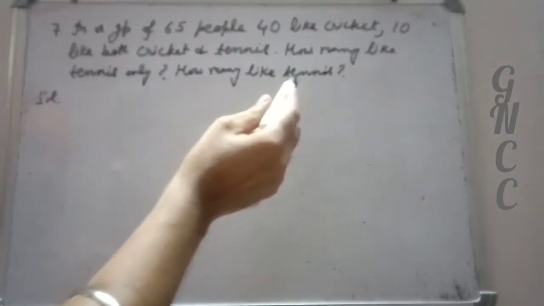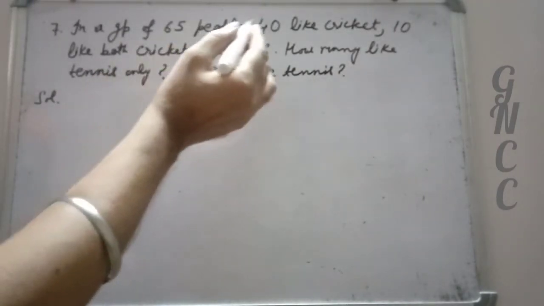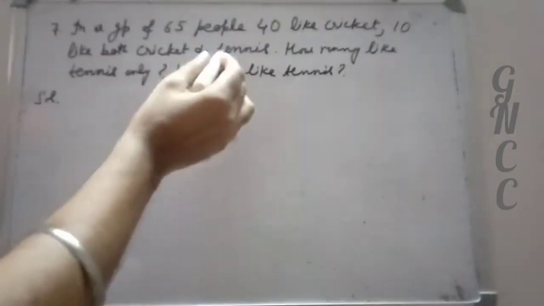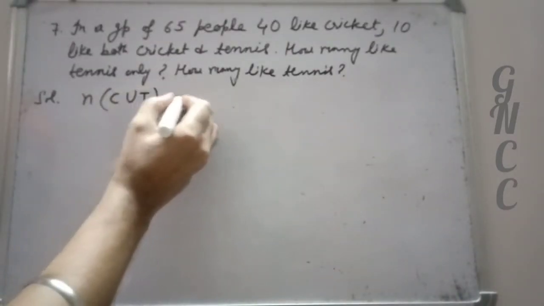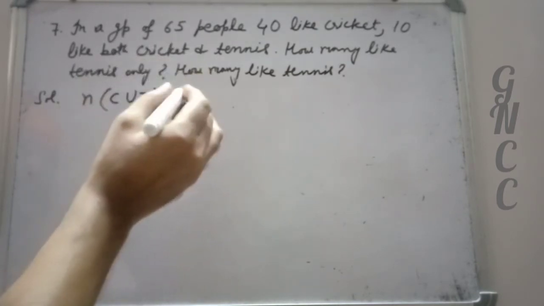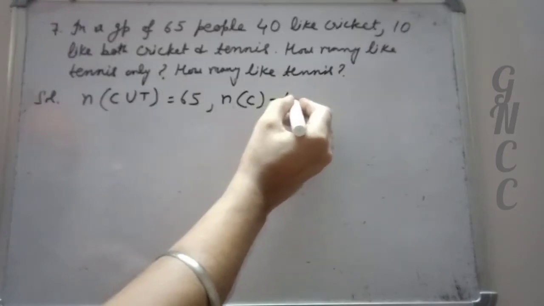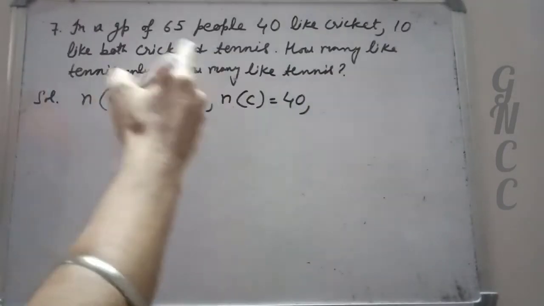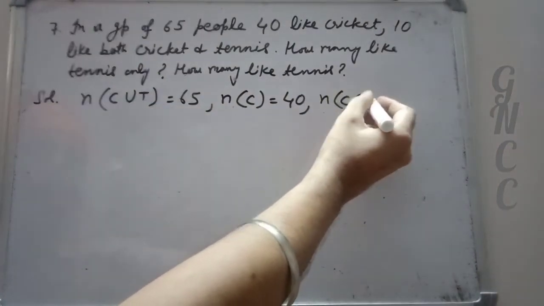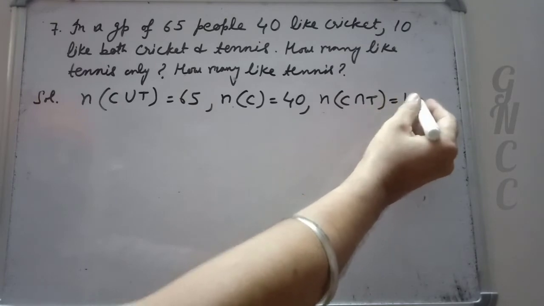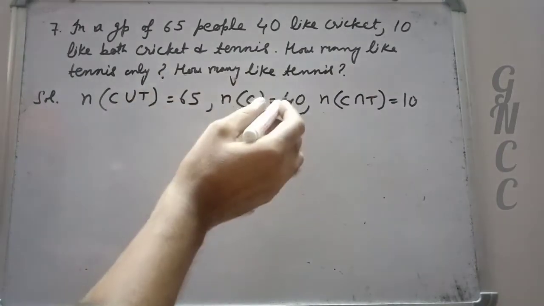How many like tennis? तो टोटल है 65. सो अगर सी डिनोट करे क्रिकेट को और टी टेनिस को, देन सी यूनियन टी क्या हो गया 65, टोटल 65, और 40 लाइक क्रिकेट, दैट मीन्स एन सी इज इक्वल टू 40. 10 like both cricket and tennis, both means intersection. So n(C intersection T) is 10. Now you have to find how many like tennis only and how many like tennis.